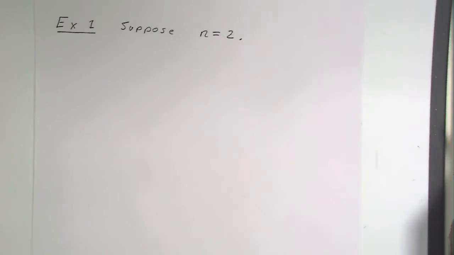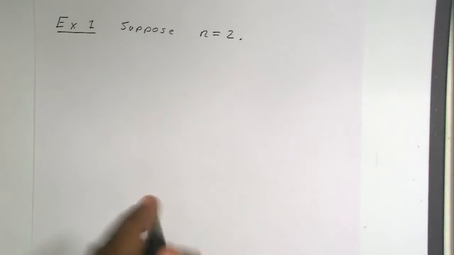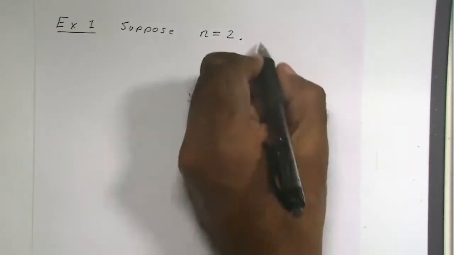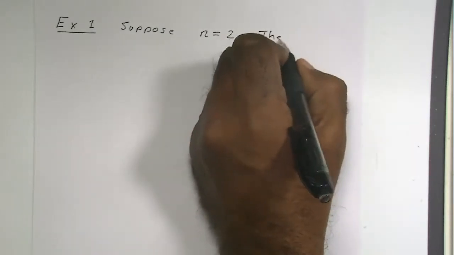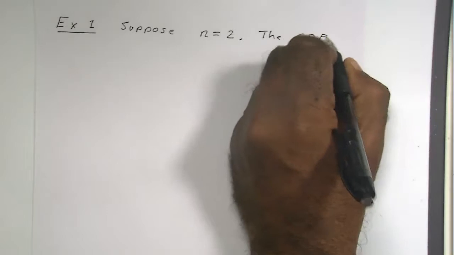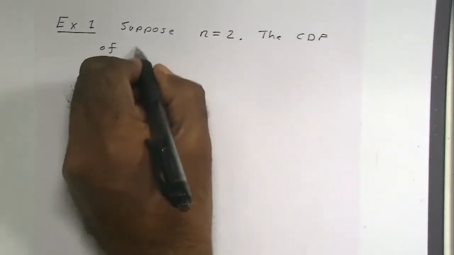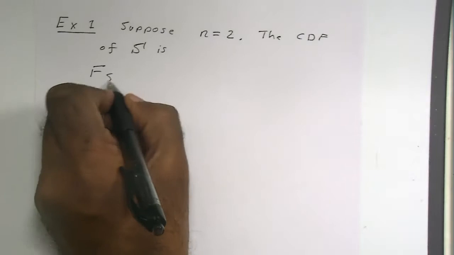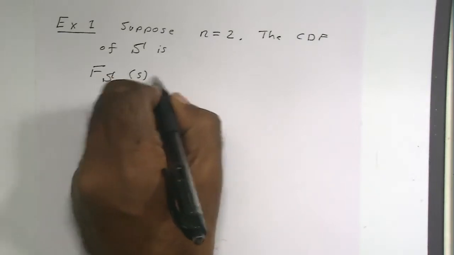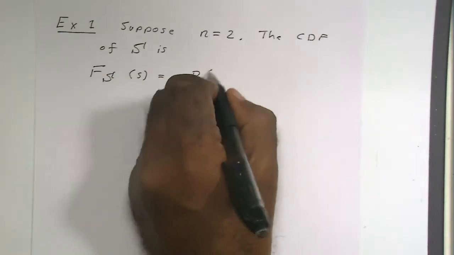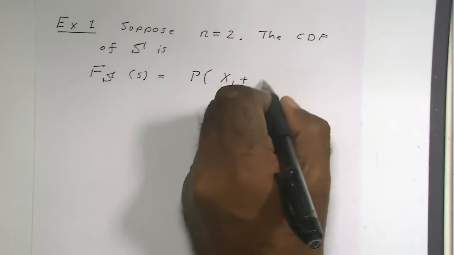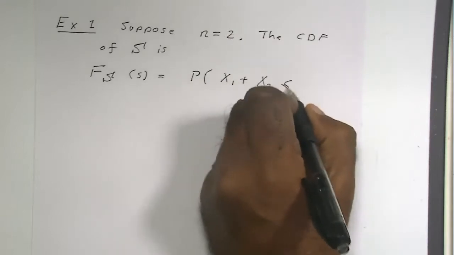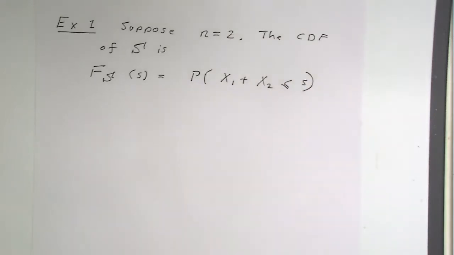That means the number of investments is equal to 2. So in this case it's this.